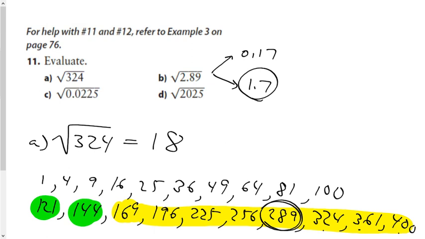Looking at 0.0225, we know in our new learning that 15 times 15 is 225. So Andrew, what do we think the square root of 0.0225 will be if 15 times 15 equals 225? What do we think times itself is going to be 0.0225?